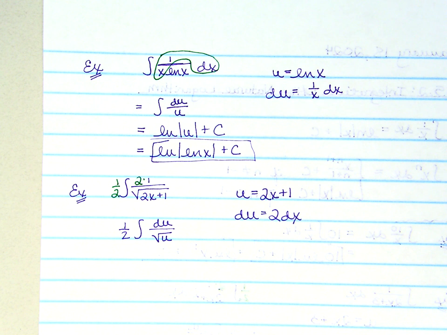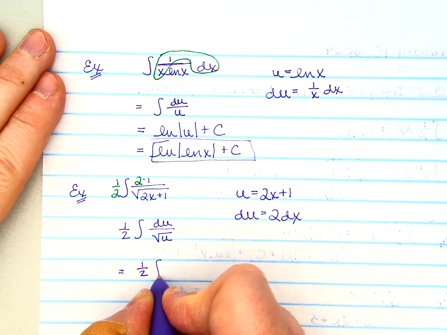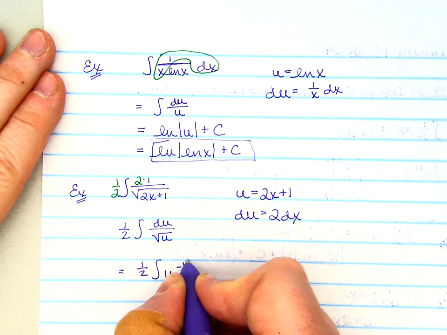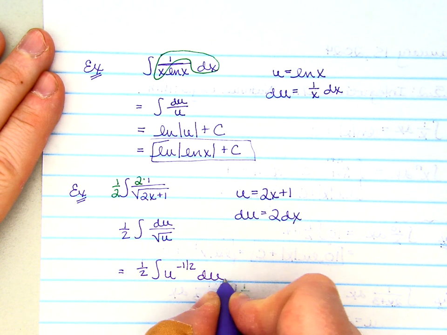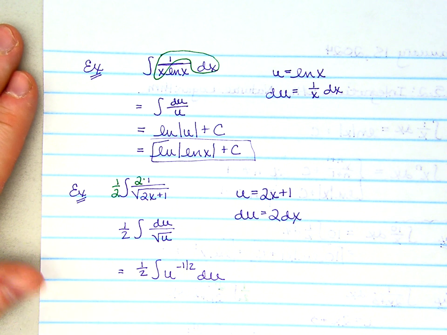Have you realized that we could have handled this problem before? This is just straight u substitution power rule stuff. This is really just integrating u to the negative 1/2. Our natural logs are a special case of the power rule when the power is negative 1. The power here is not negative 1, so it's just a regular power rule problem.